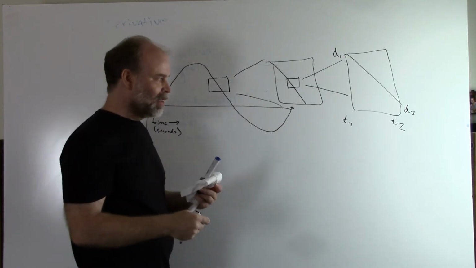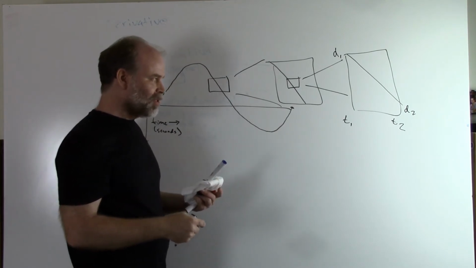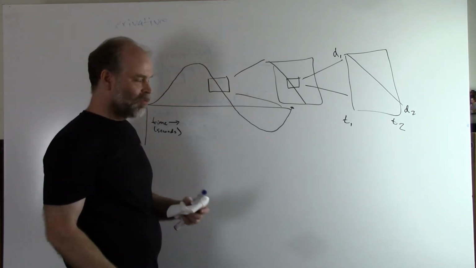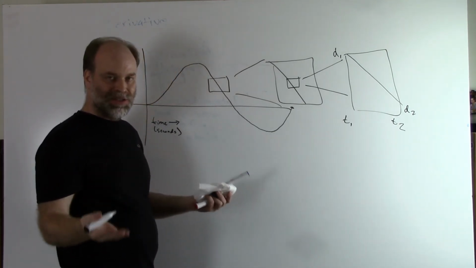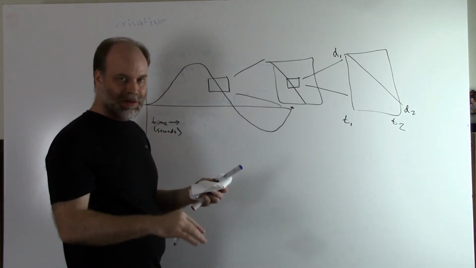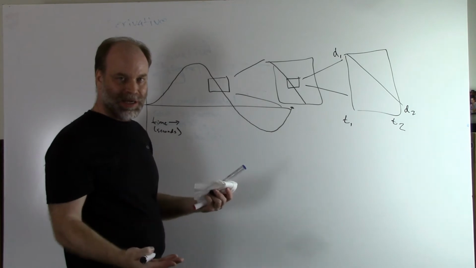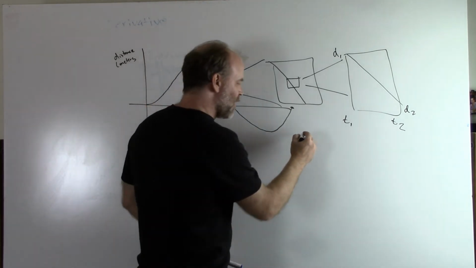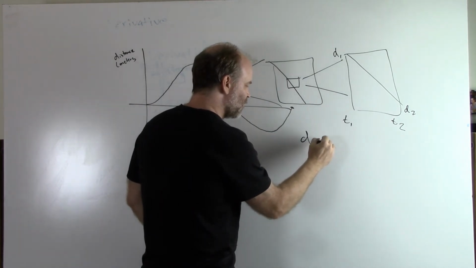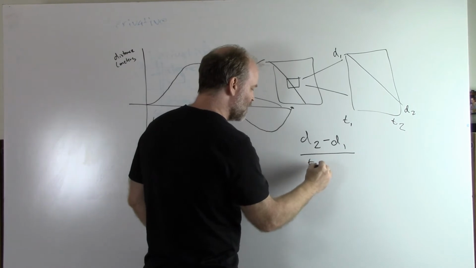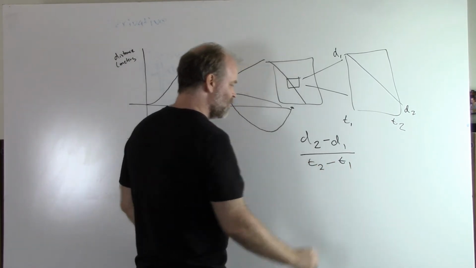So to determine what that actual velocity would be, well, velocity is the difference in the distance divided by the difference in time. It's how far you went and how long it took you to get there. So that is simply d2 minus d1 divided by t2 minus t1.